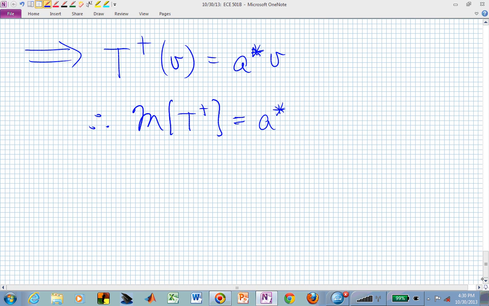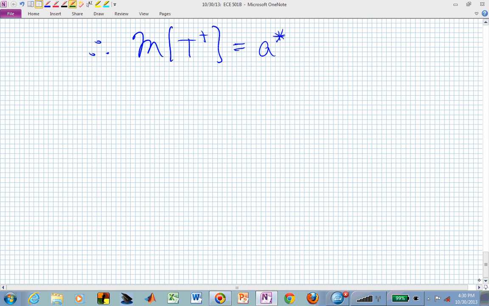Because you're going to see when you're reading some of this that people will say, oh, well, the adjoint is just the generalization of the complex conjugate. Well, now you know where that's coming from. Let me write that down.